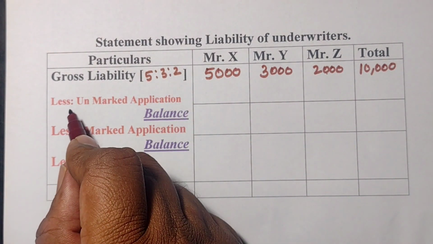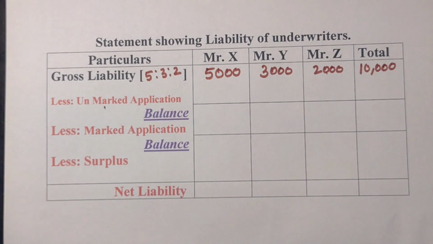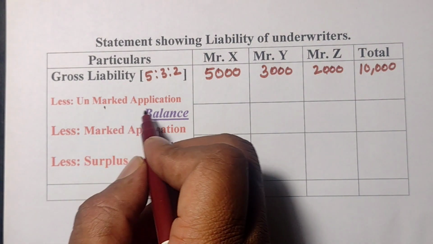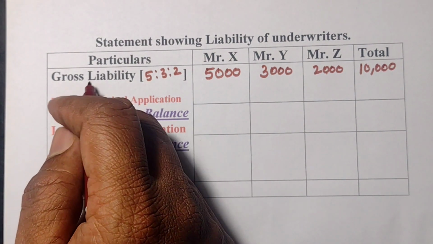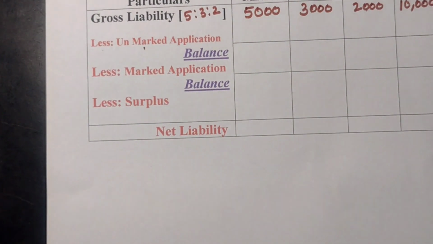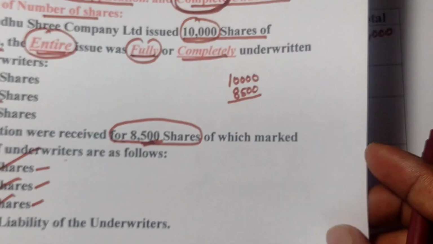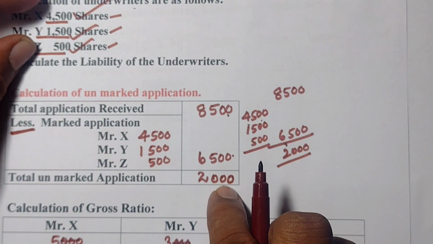The next one is we have to less the unmarked application, which we have calculated already: 2,000 shares.